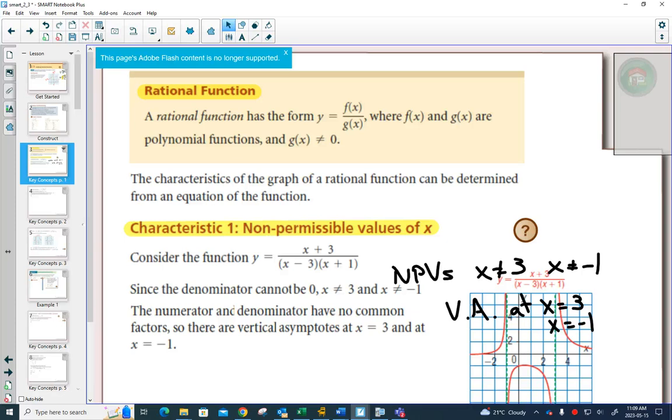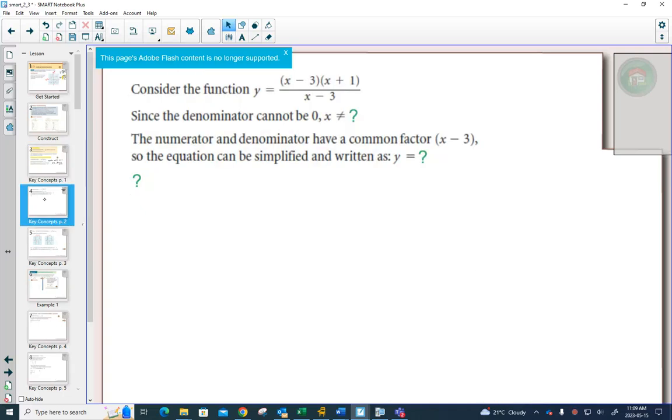The non-permissible values can also be holes. Right? When is it a hole? Well, here we have our non-permissible value, that x can't equal 3. But we have the exact same factor on the top and the bottom.